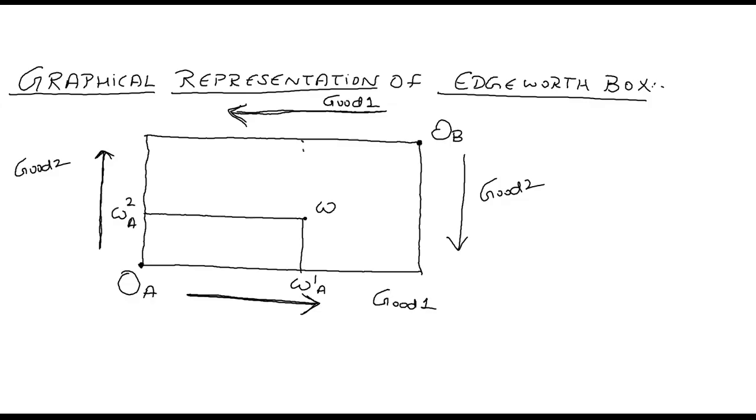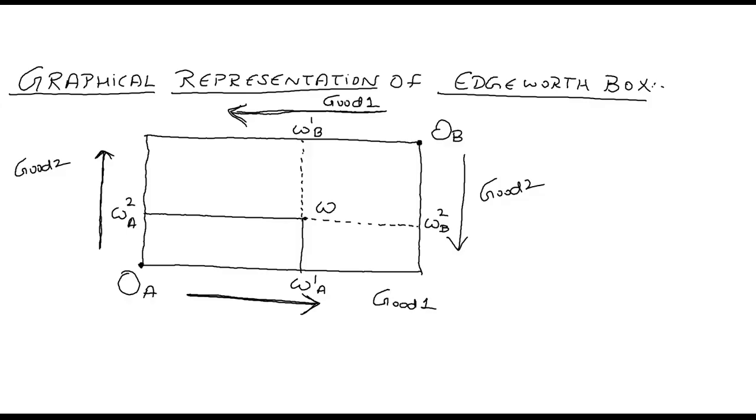This will denote omega 1B, amount of good 1 agent B is endowed with, and this will denote omega 2B, amount of good 2 agent B is endowed with. So you can see one point in the Edgeworth box represents four particular values: omega 1A, omega 2A on A's axis, and omega 1B, omega 2B on B's axis.